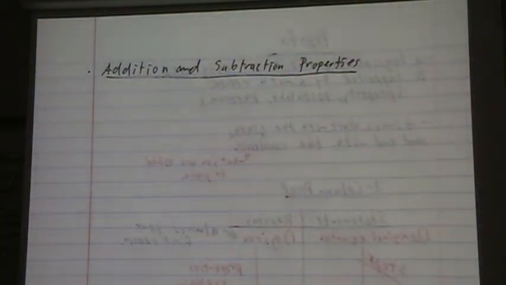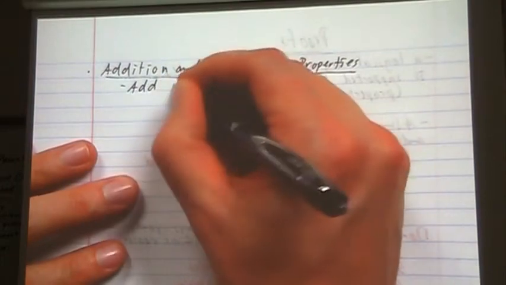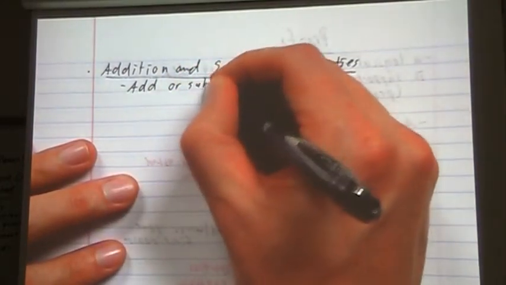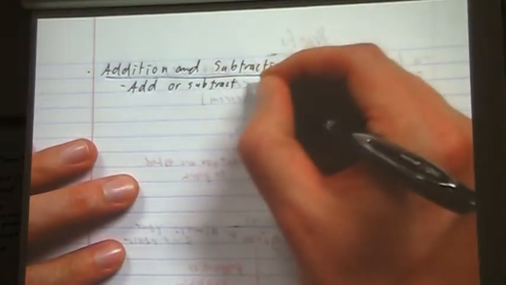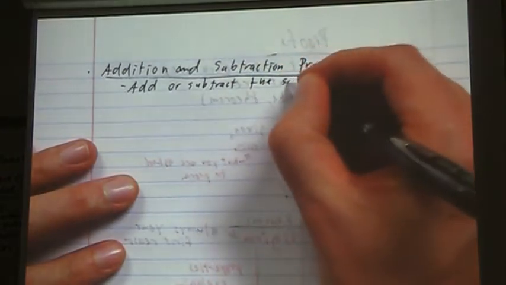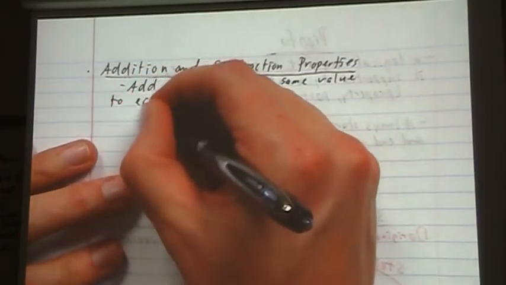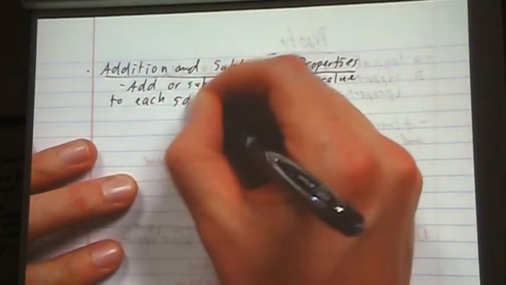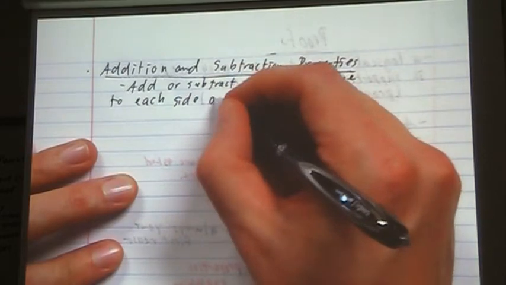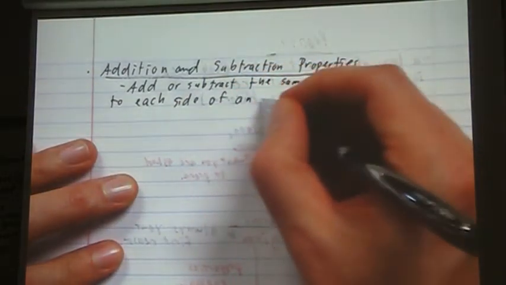And when you do these, you're keeping the equation equal. So when you add or subtract the same value to each side of an equation.